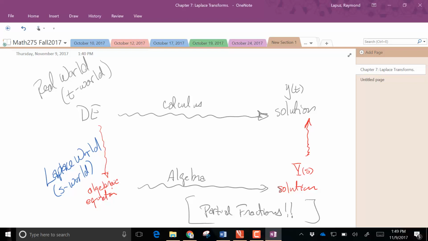Algebra teachers probably don't teach this because students say, when am I ever going to use this?